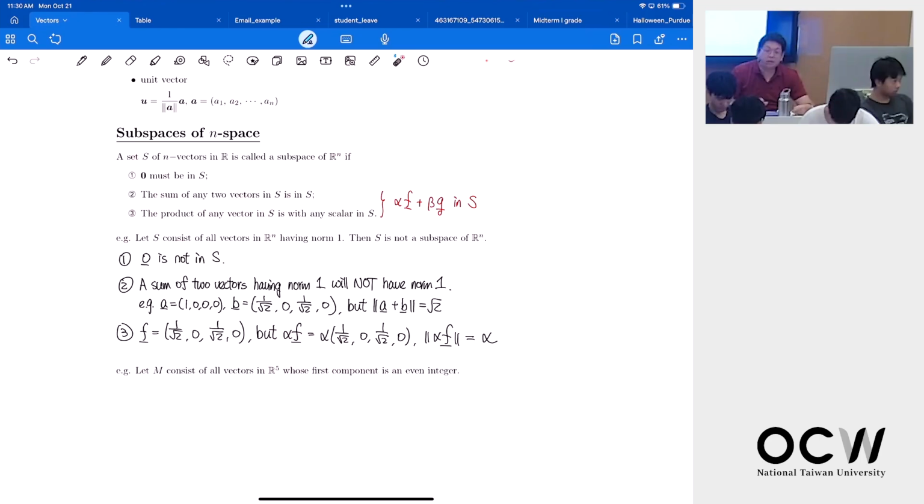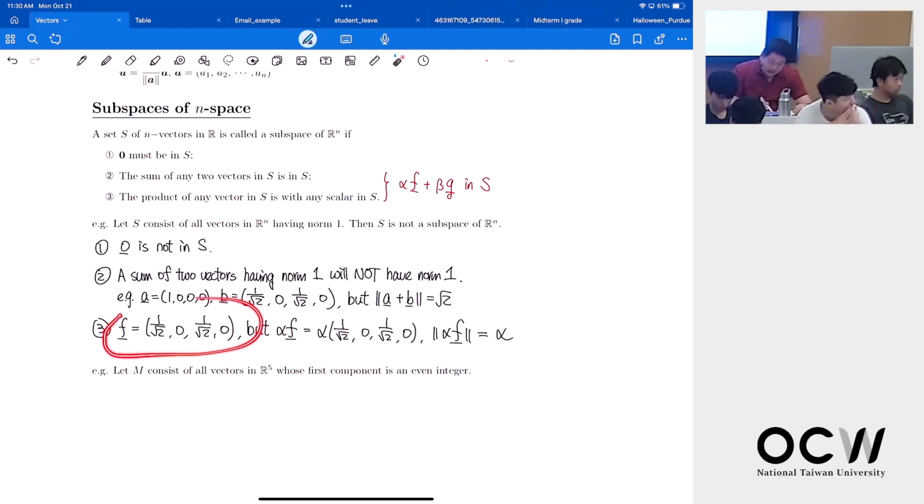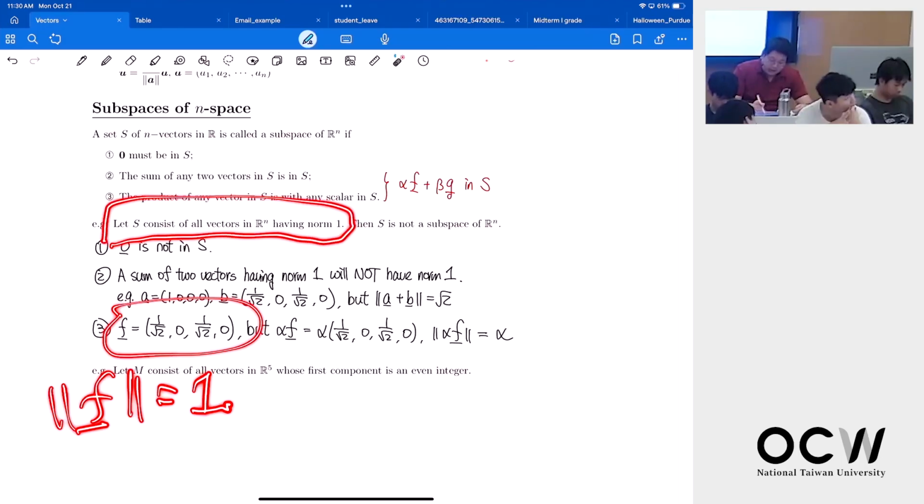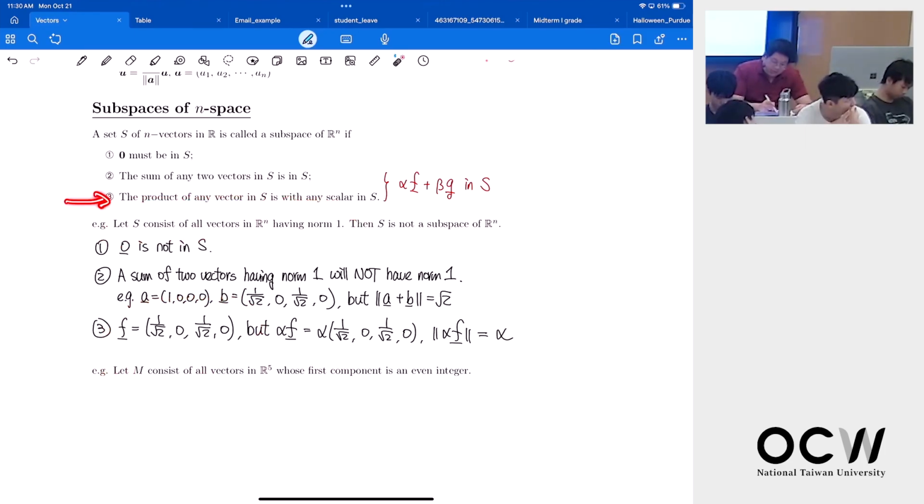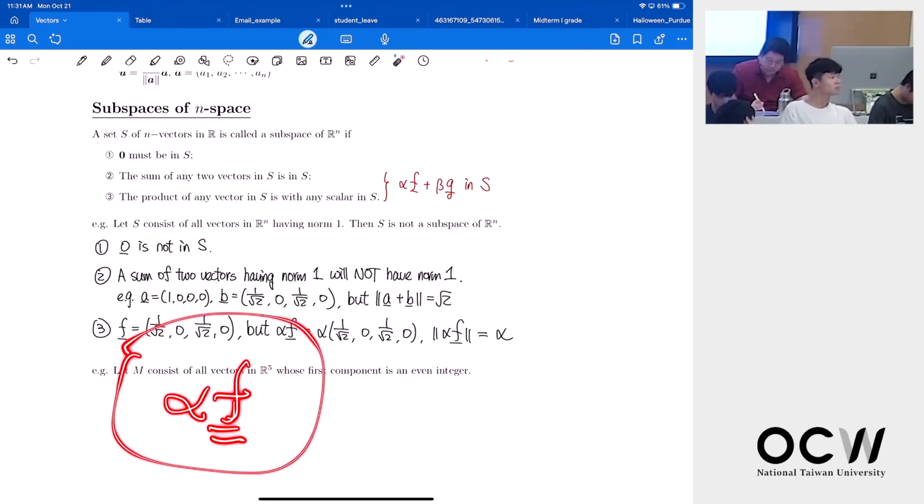Professor, can you explain more about the third point? Oh, this, the norm of f is 1, right? So it still satisfies our assumption because we said that S should have norm 1. But from the third criterion, if I times any scalar with this vector, this is still a vector, and this vector should also be in our S. It should be.